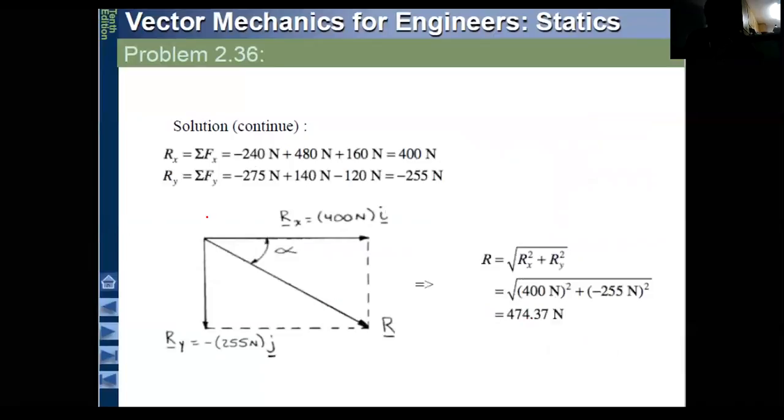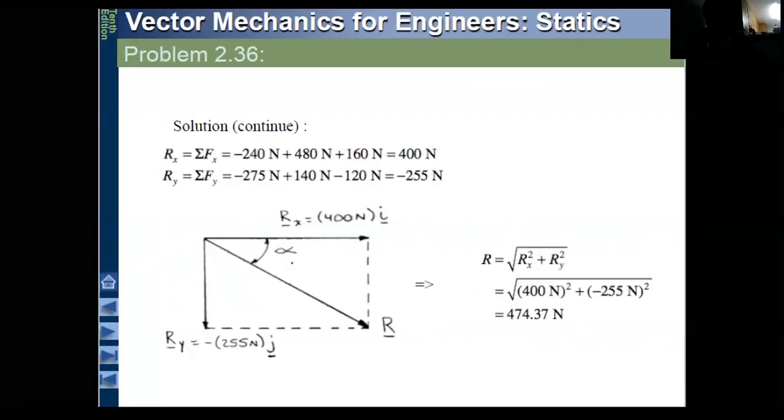Well, now that we have forces divided into x direction and y direction, you can calculate the resultant by adding up each component from each vector in x direction to derive the resultant force in x direction. And you can do the same for the y direction.